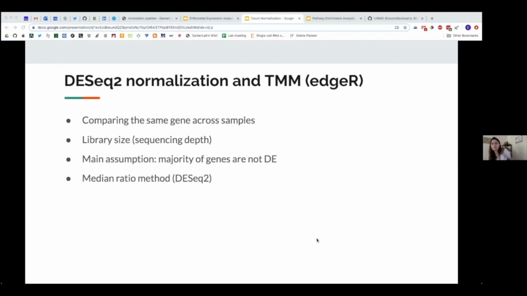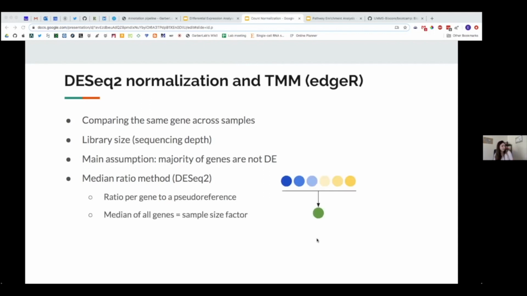All right, so the method that DESeq uses for normalizing is called the median ratio. What it means is that you calculate the ratio of each gene, relative to the depth of the library, compared to a pseudo reference. Let me explain it clearly with a little drawing. Basically, you take the read counts across all your samples and calculate an average to create this pseudo reference.